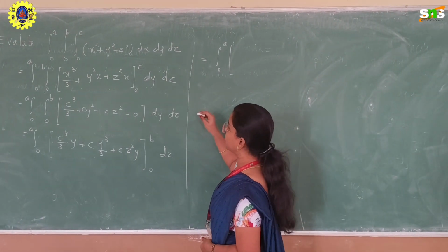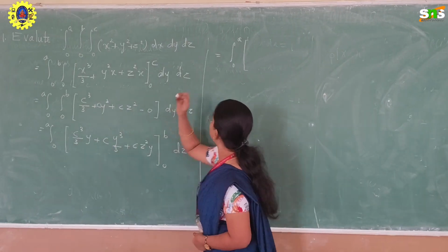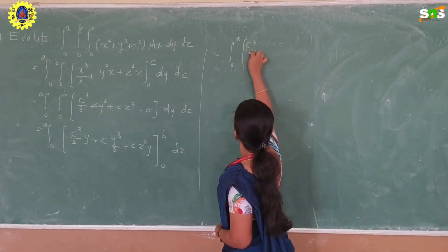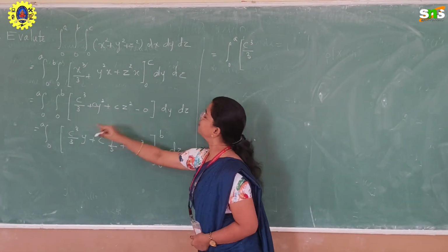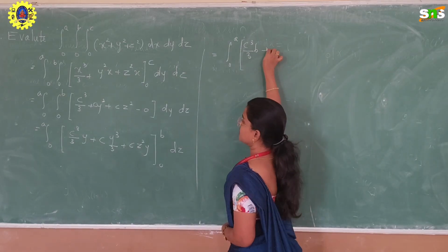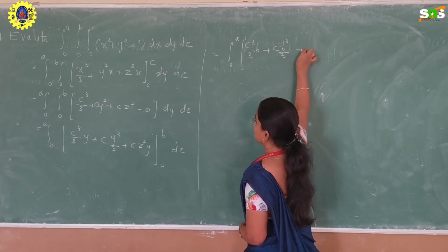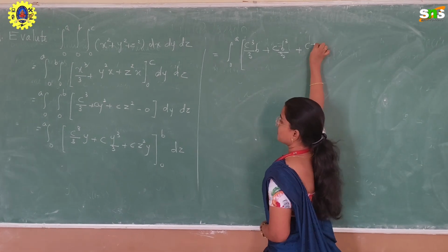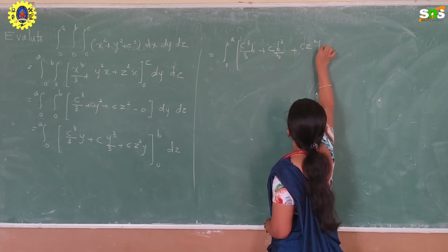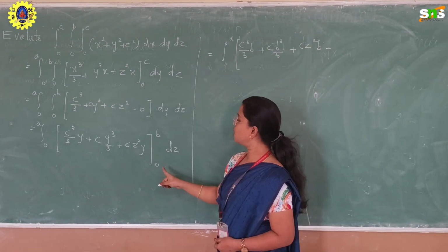So upper limit substitution minus lower limit substitution for this function. Integral 0 to a, c cube divided by 3, the limit is b for y, plus c b cube divided by 3, plus c z square b, minus lower limit 0.